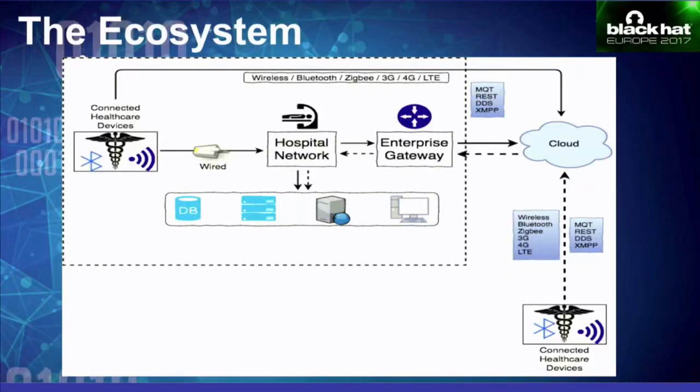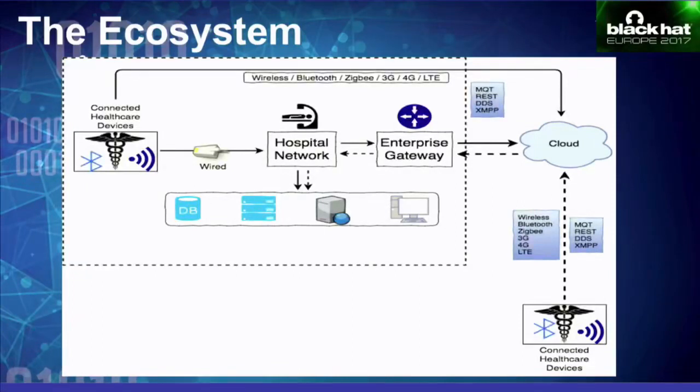When the device is connected to the hospital network, it may use wireless or Ethernet to connect to the hospital's private network. At that point, it would have access to other subsystems within that medical institution. For example, an infusion pump can talk to a pump server.